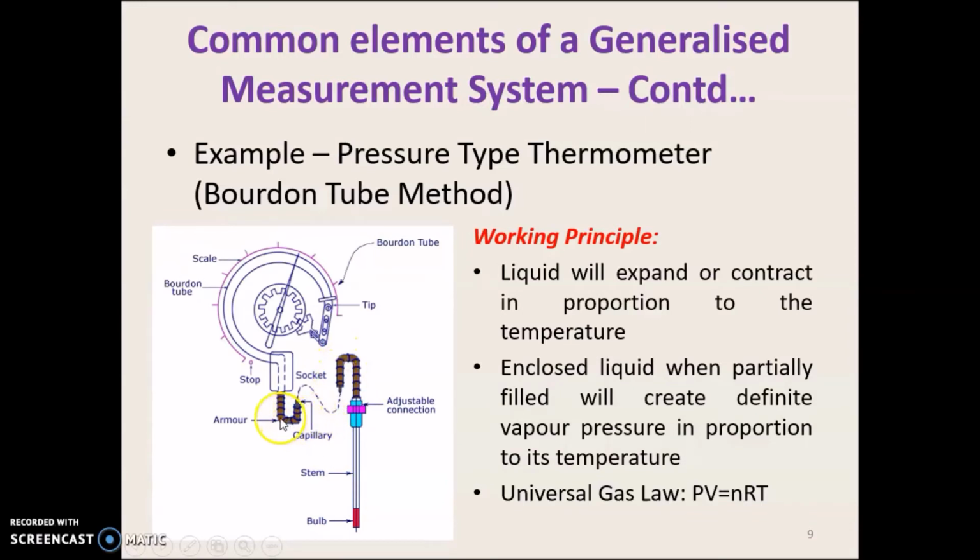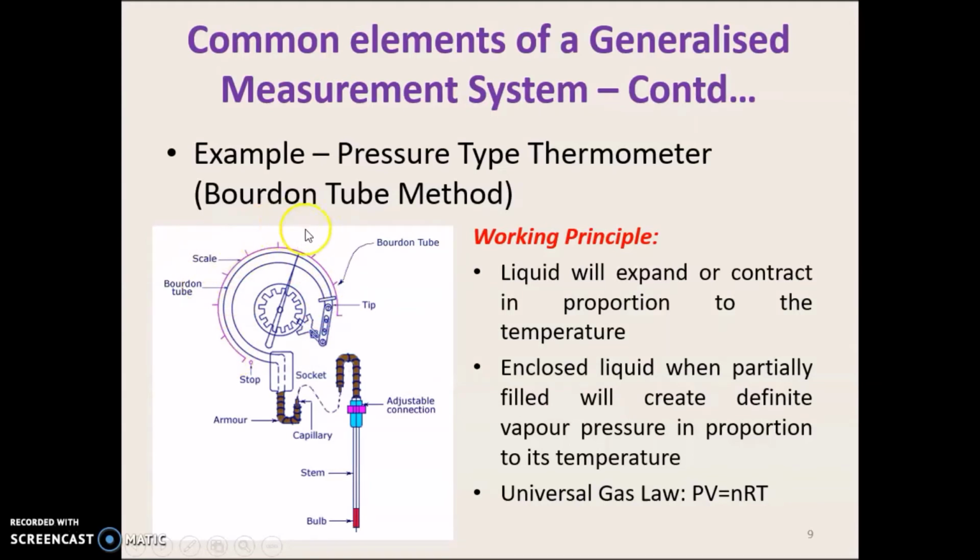Because of this difference in vapor pressure, this tube will accordingly expand or contract. When this tube expands or contracts, automatically this Bourdon tube in turn is going to expand or contract. Based on this, this linkage is going to move accordingly, and this gear wheel is going to get engaged with this leveraging linkage, and this pointer is going to get moved from the 0 to the maximum, or in the reverse direction.